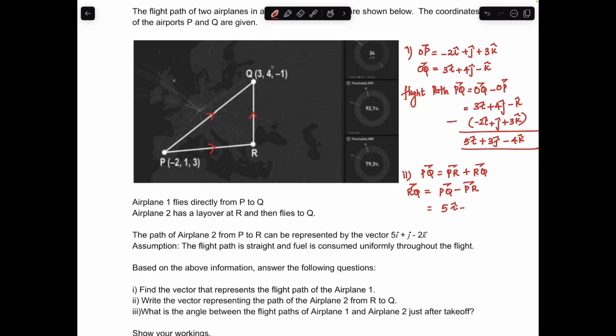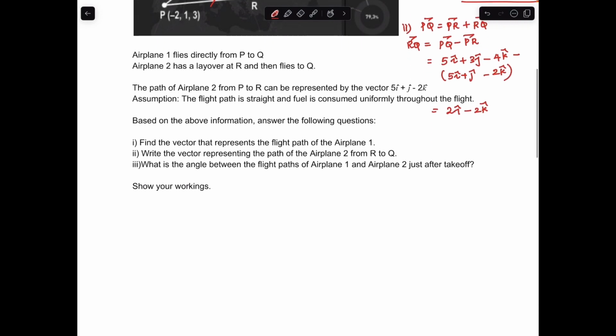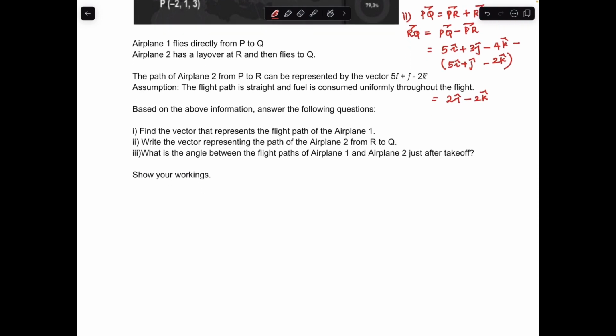That is (5i + 3j - 4k) minus (5i + j - 2k), which is 2j - 2k.